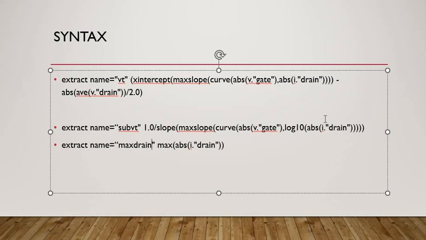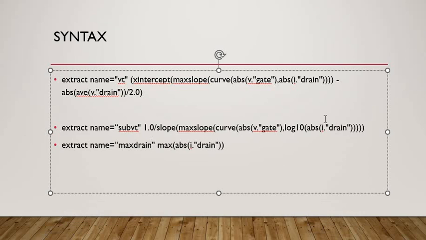Okay, and then coming to the subthreshold slope. What you know is that you can easily get it by making the curve between V gate and I drain, in log 10 format. You get the curve, with the offset value, and you take the maximum slope of that.